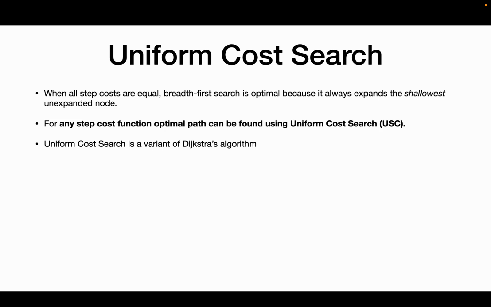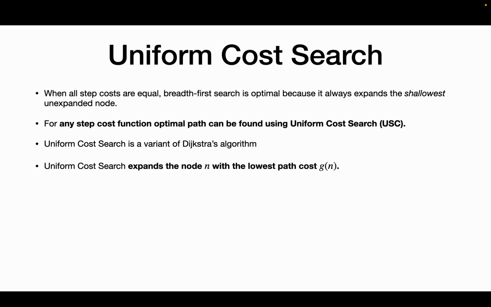In fact, since uniform cost search goes slowly, without explicitly storing the whole graph, there is a lesser requirement of memory in uniform cost search as compared to Dijkstra's algorithm.